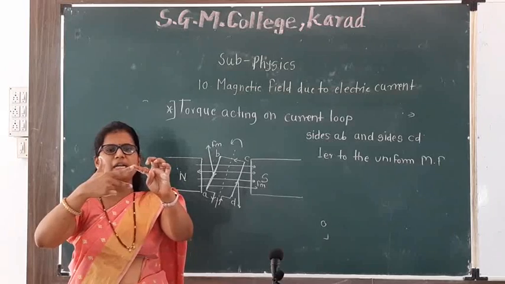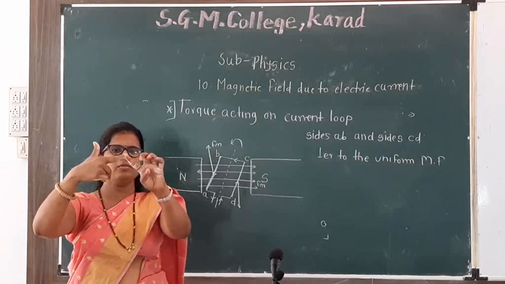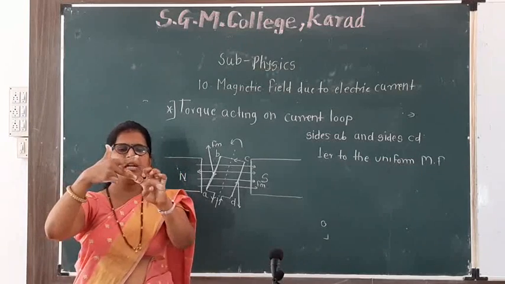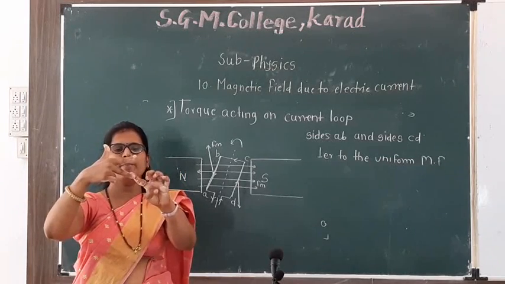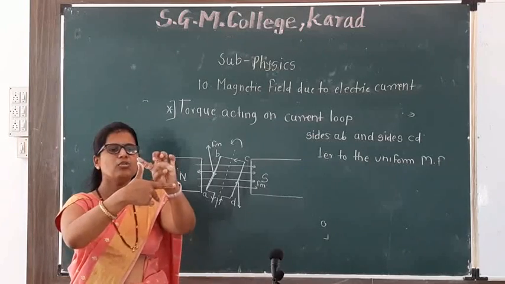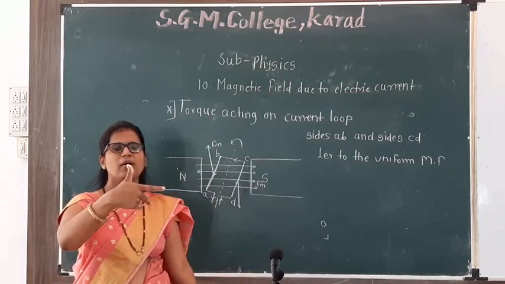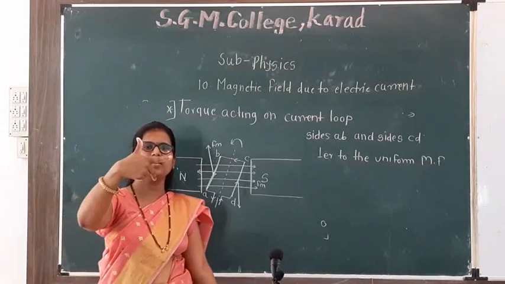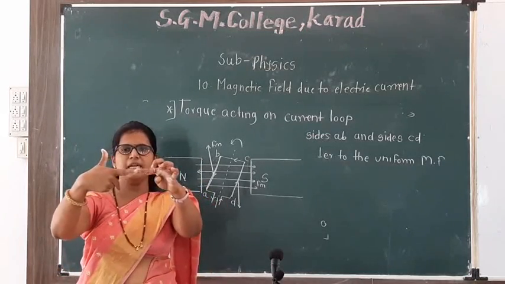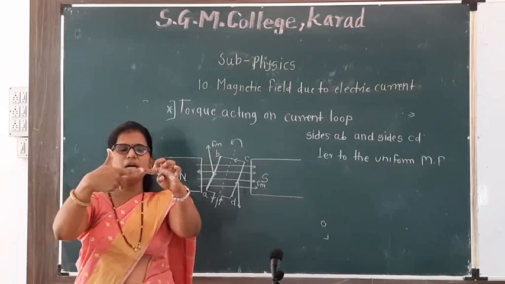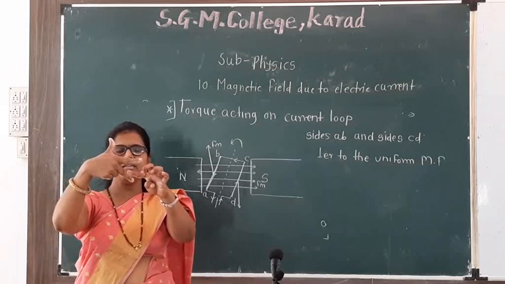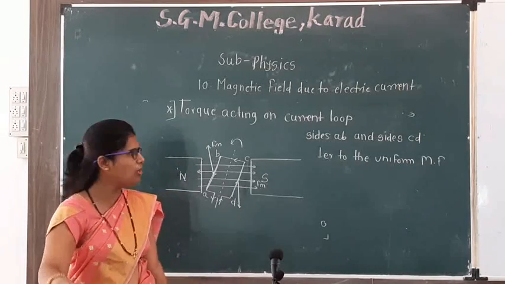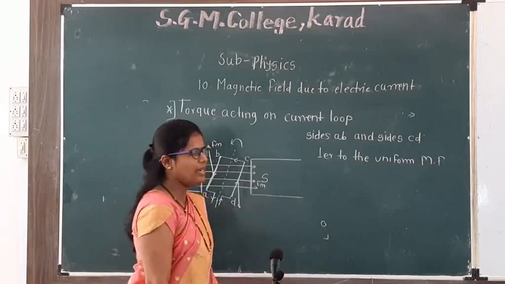This pointing finger indicates the direction of current, the middle finger indicates the direction of magnetic field, and the outstretched thumb indicates the direction of force.